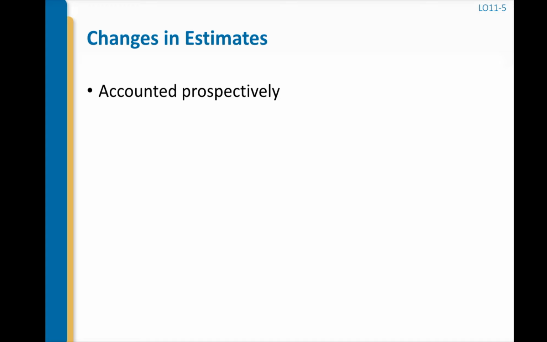Instead, the company just incorporates whatever the new estimate is from that point on. So it usually ends up affecting some aspect of the balance sheet and the income statement. And then basically you would just throw a disclosure note into the financial statements explaining the scenario.